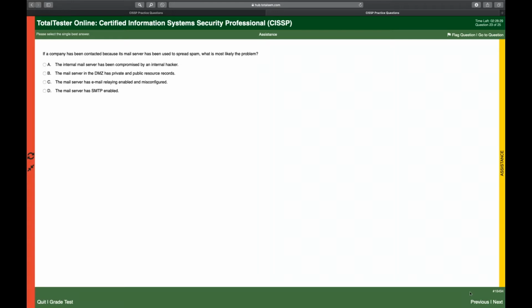Any takers? I'm not going to overthink this one. I'm going to take what they present. What's staring me in the face? Anyone? I'll take a guess. Yeah, I'm going to say Alpha. The internal mail server has been compromised by an internal hacker.